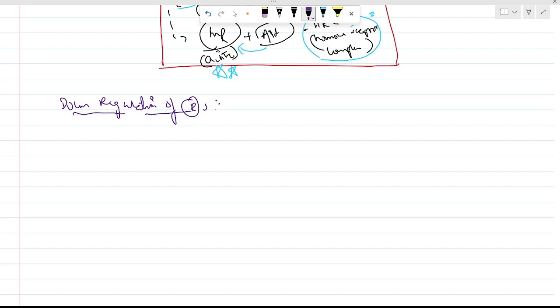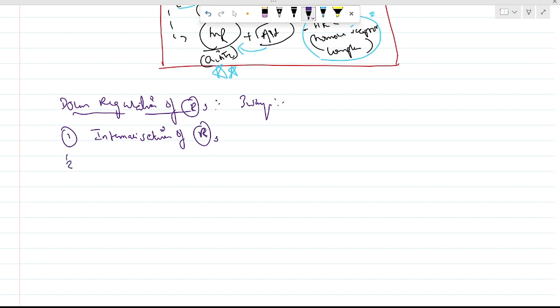There is a down regulation of receptors. This down regulation of receptors happens through three ways. First one is internalization of receptors. Receptors get sucked inside the cell.